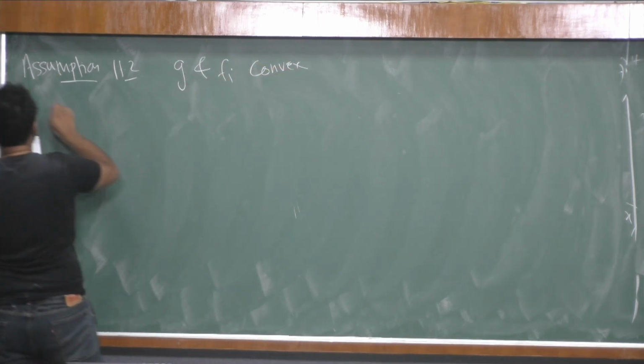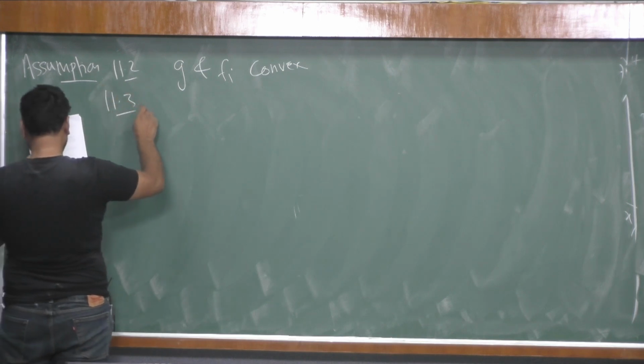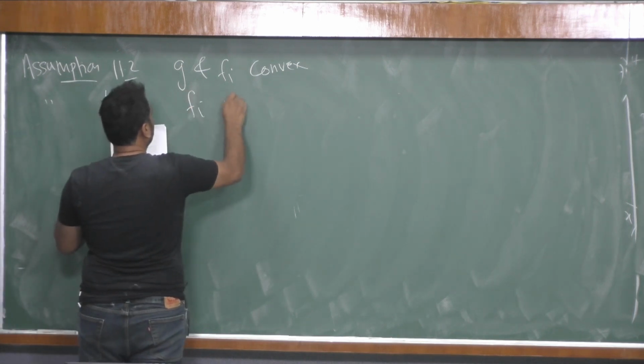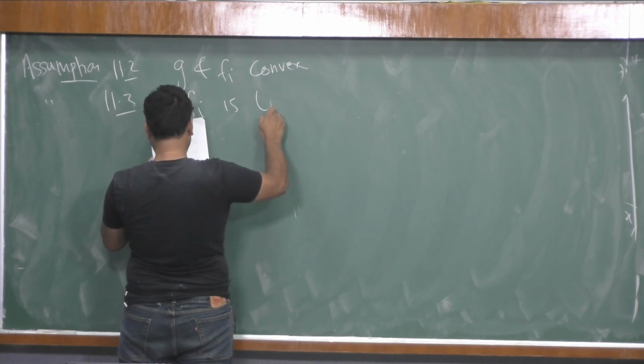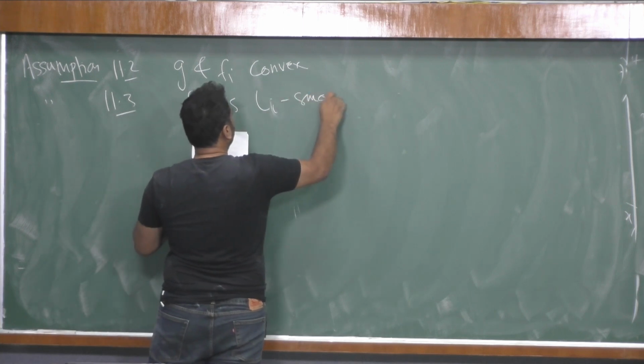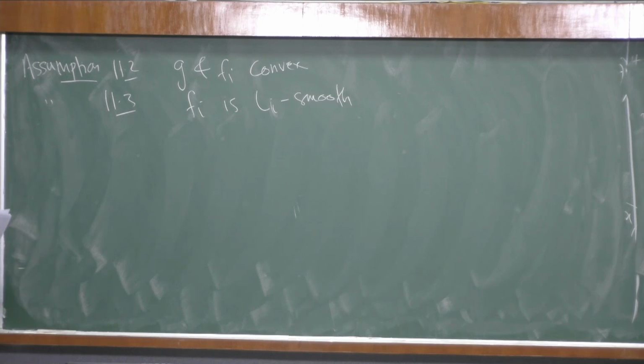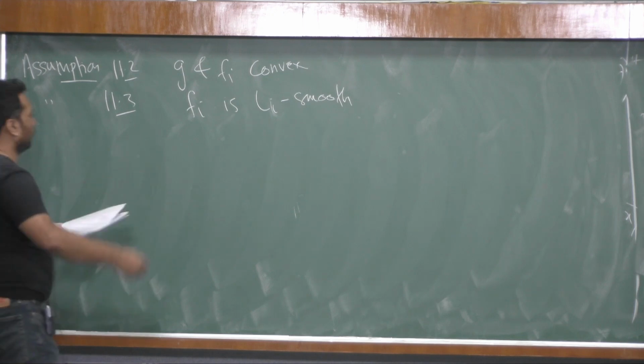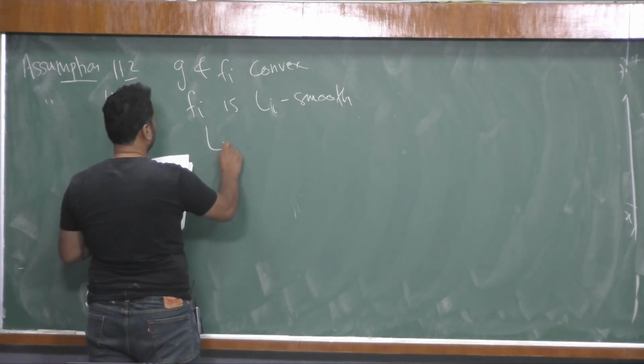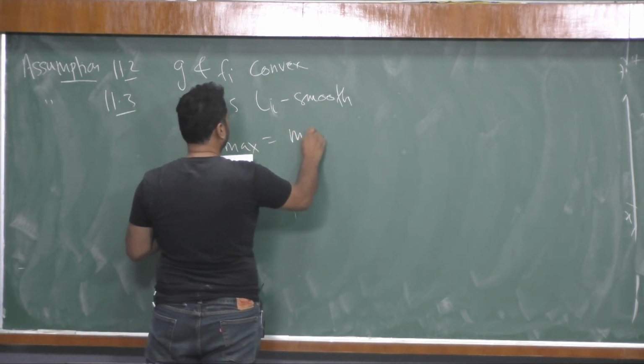And assumption 11.3: we assume f_i is L_i smooth. If I take a max of this, then all of the f_i will be L smooth, because each f_i is bounded by L_i. Take a max of that, then each will be bounded by L max also. So we can also say L max, which is max of L_i.